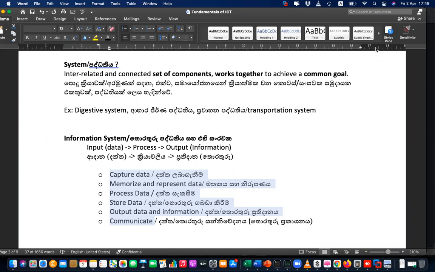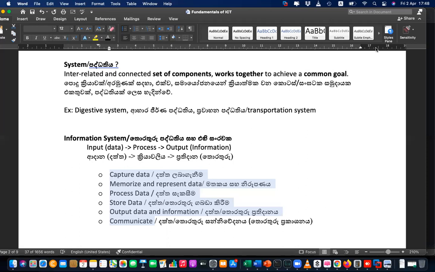So this big one, the grandfather, is the system. Father is information system, and the son is computer system. And you have some granddaughters and grandsons. Those are the hardware subsystem, software subsystem, and then the liveware subsystem. Those are the grandchildren, right?